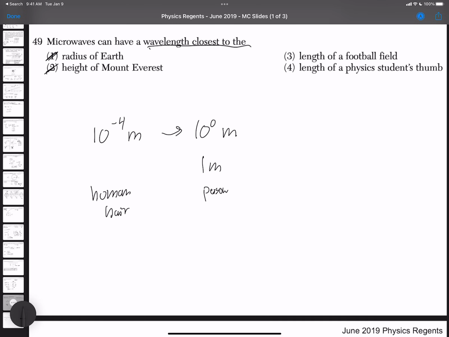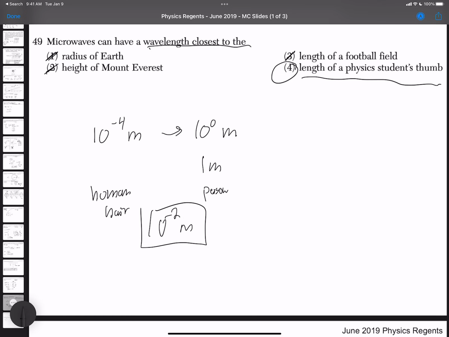Even something like the length of a football field, if you figure that a person is roughly 2 yards, you're talking about 50 people head to head for the length of a football field. But something like the length of a physics student's thumb, right? The length of your thumb is maybe 3 to 4 centimeters, which would be like 10 to the negative 2 meters. So it's falling right in the middle of that range.